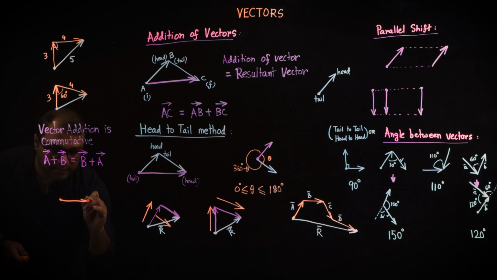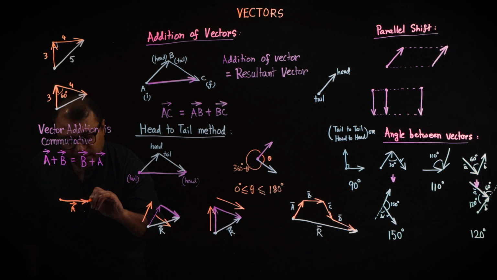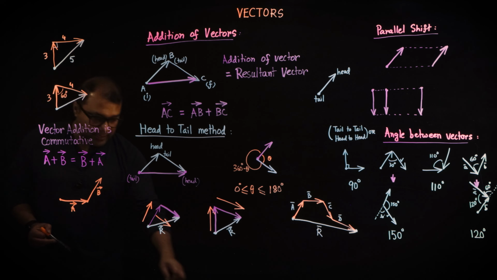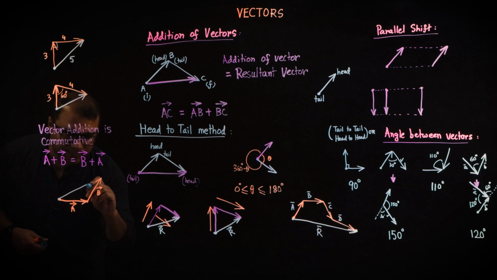Let's say we have vector A and we have vector B. So in this head to tail method, I connect the tail of the first vector to the head of the second vector, and this is my resultant vector.